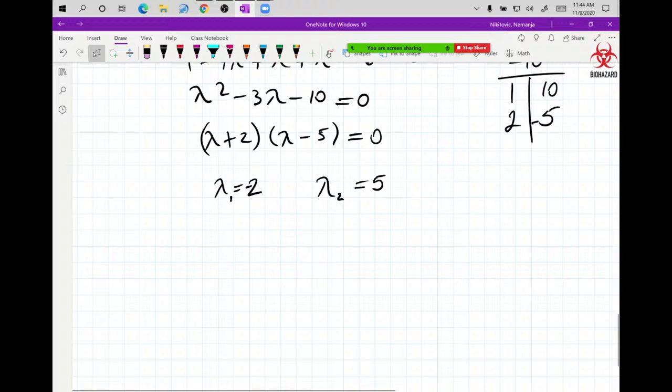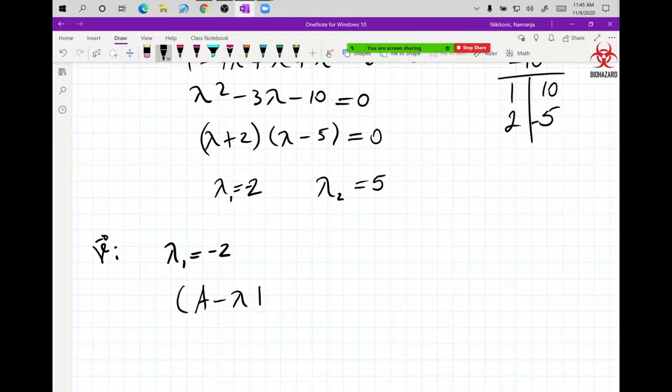Now, the second part of the calculation is to find eigenvectors associated with each of the eigenvalues. So there are going to be two separate calculations, one for negative 2, and then repeat the same calculation for 5. All right, so when lambda 1 is equal to negative 2, I'm supposed to solve the problem with parentheses, if you remember, where we had (A minus lambda I) times vector v equal to a 0 vector on this side.